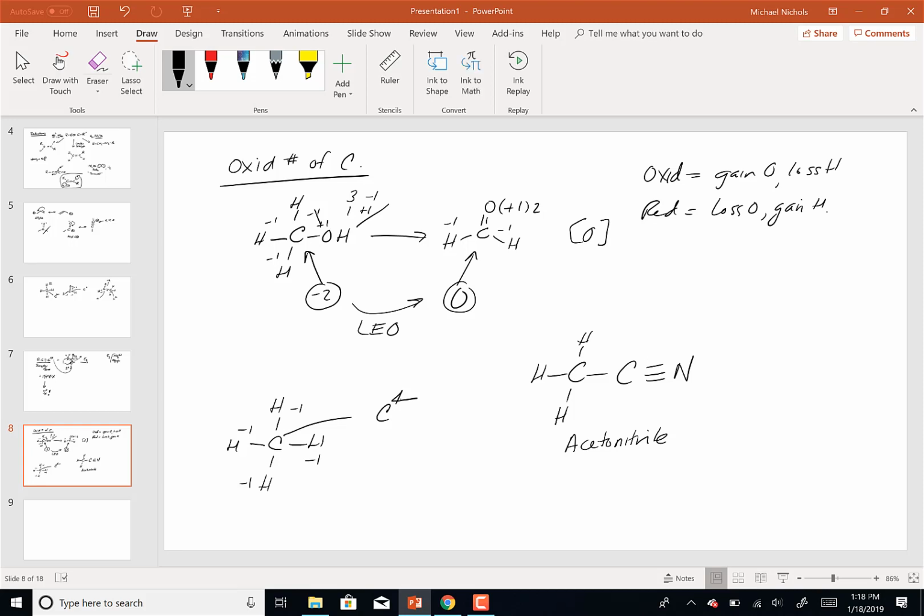Acetonitrile is a solvent. It's actually a non-hydroxylic, or aprotic, solvent that we could use for SN2 reactions. So what would be the oxidation numbers of its carbons? I'll give you a moment.